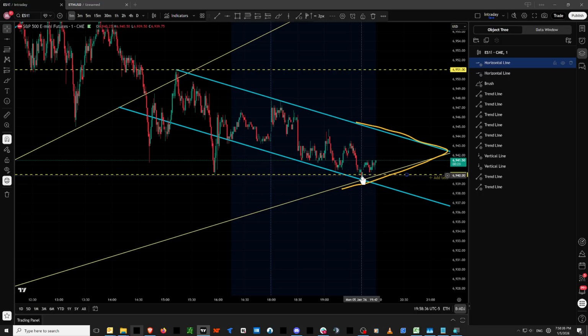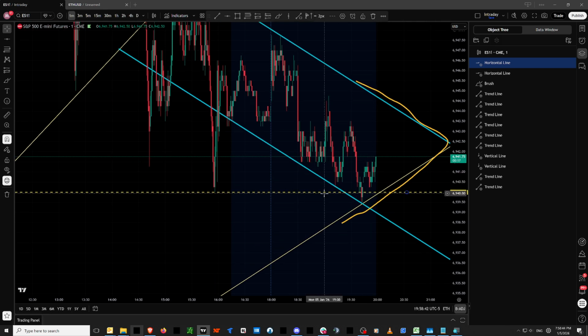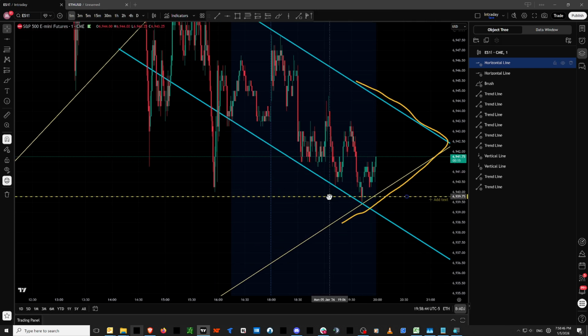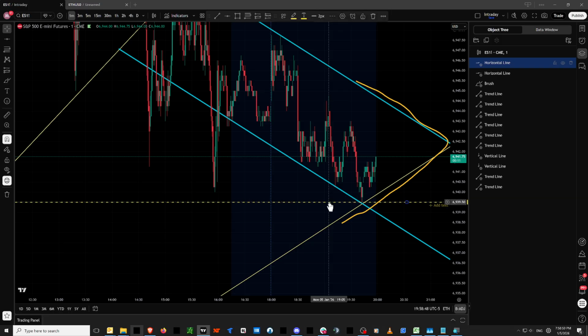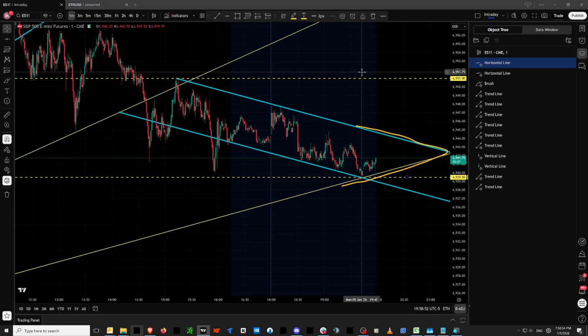It did have a little tiny close here, so I might actually move this line down to that new low right there. Okay, there's my box, here to here.